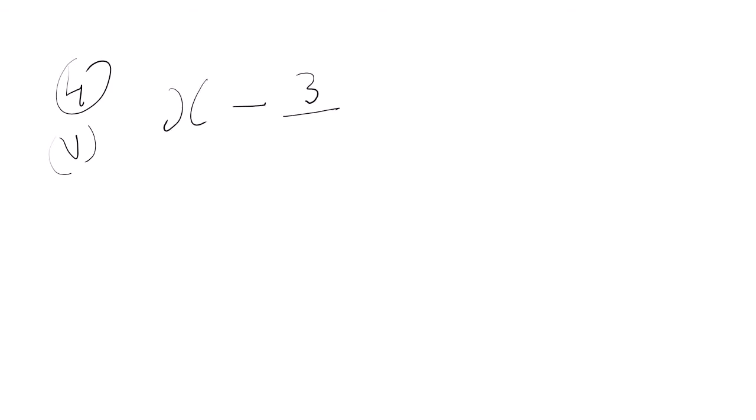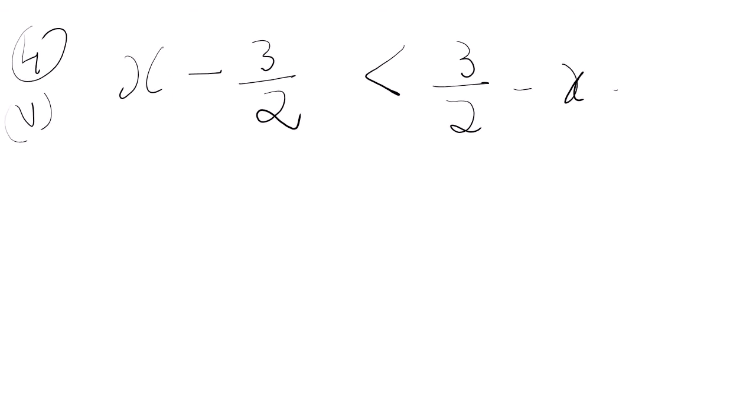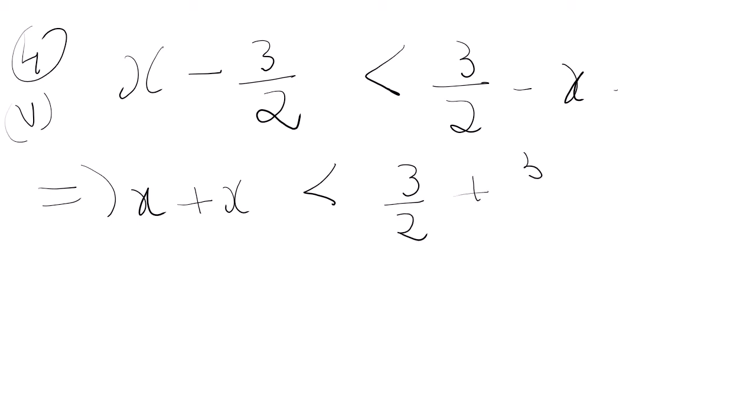x minus 3 upon 2 is less than 3 upon 2 minus x. So this implies x minus x, when it comes this side becomes plus x, is less than 3 upon 2 minus 3 upon 2, when it goes that side becomes plus 3x.